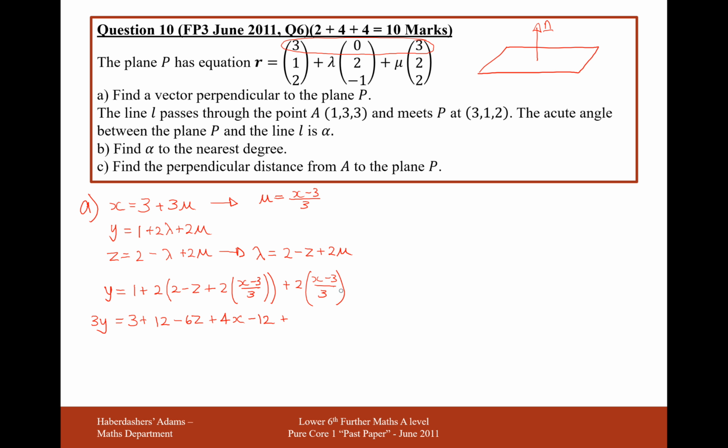And then for this part here, we've times by the 3 already to cancel out this divisor of 3, so it's just going to be 2x minus 6.